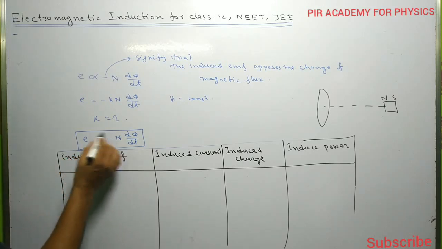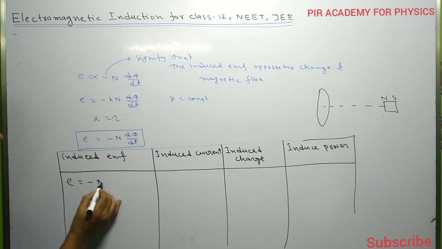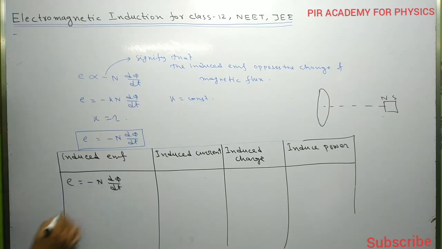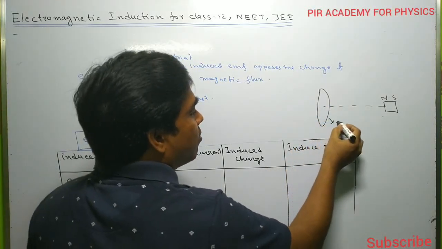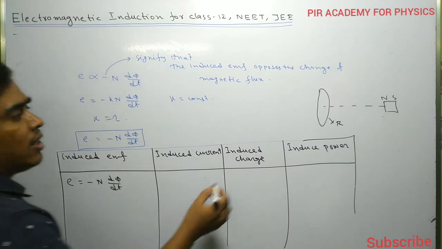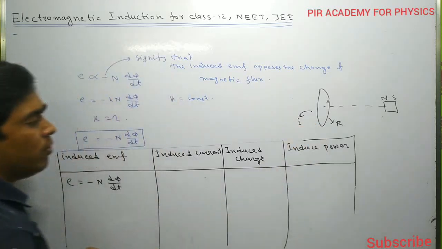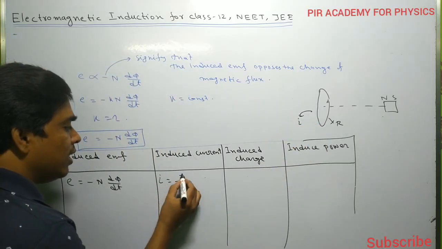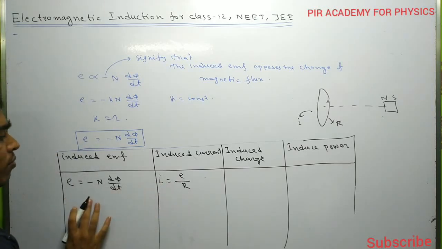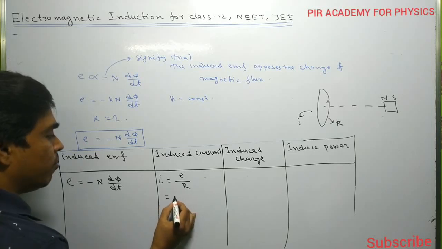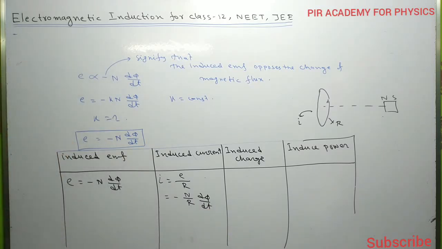You have already calculated the induced EMF. Here the induced EMF equals minus N d phi by dt. Now if this loop has a resistance of R, then the induced current of this loop, suppose I, will be E by R. That means if you put the value of E, then you get minus N by R d phi by dt.